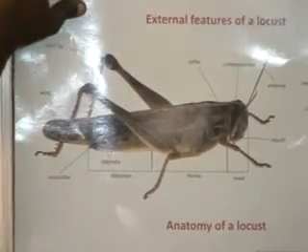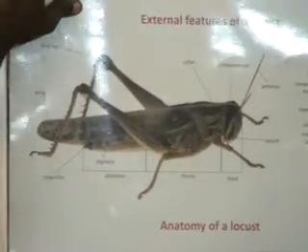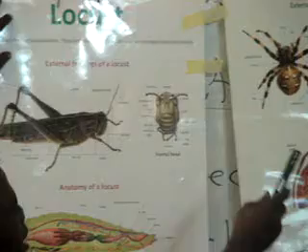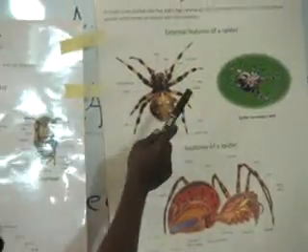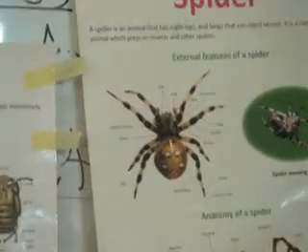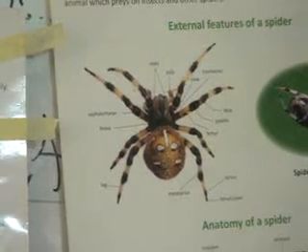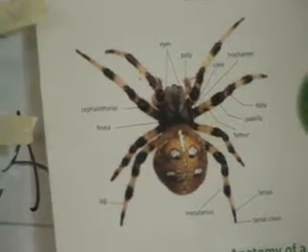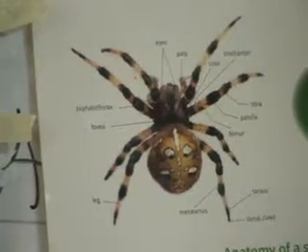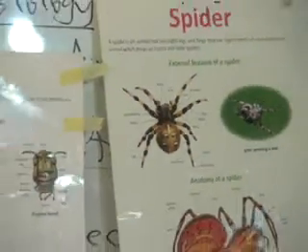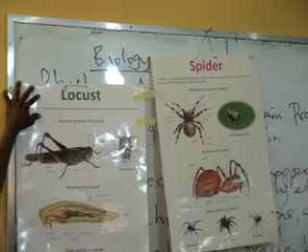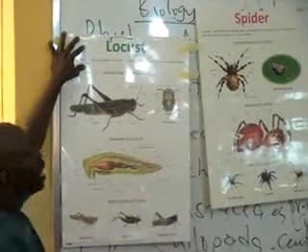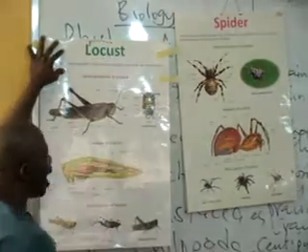When we come to the next class, we would like to take these organisms one after the other. Here you can see a spider, which is an example of class Arachnida. Other examples include scorpions, mites, ticks, and so on. But as representative, we want to pick locusts as representative for class Insecta. This one belongs to the class Insecta, and this one belongs to the class Arachnida.